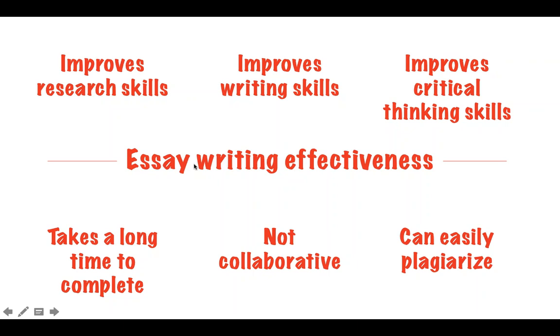My against argument for essay writing effectiveness is that it takes a long time to complete an essay. It's usually not collaborative, as in it's usually just one student working on his or her essay, not as a team. Okay, so that's a point against essay writing. And you can easily plagiarize an essay. That's another point against it.